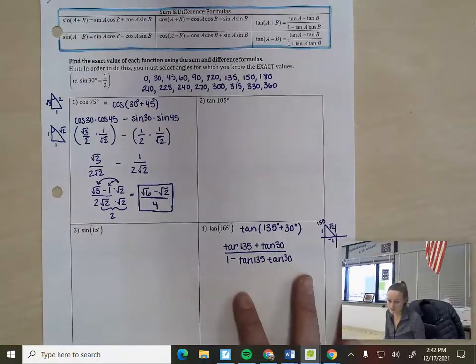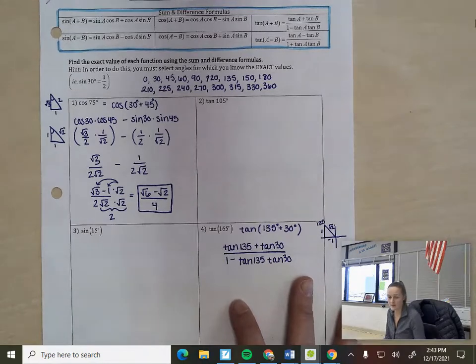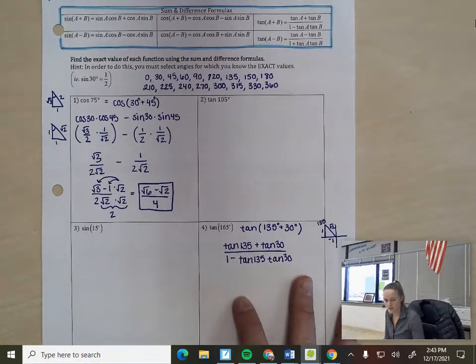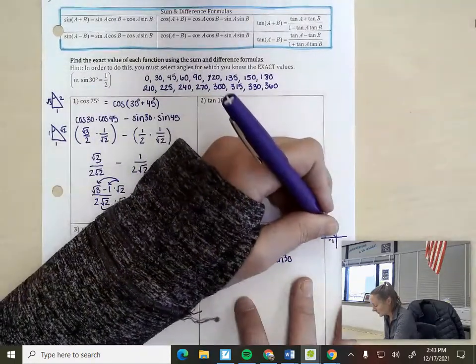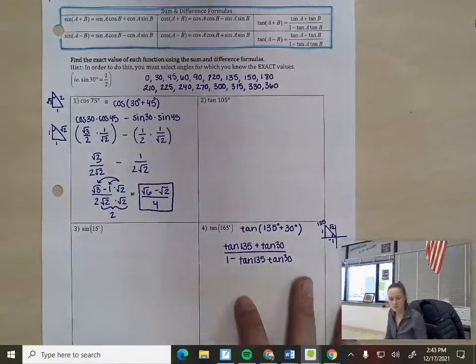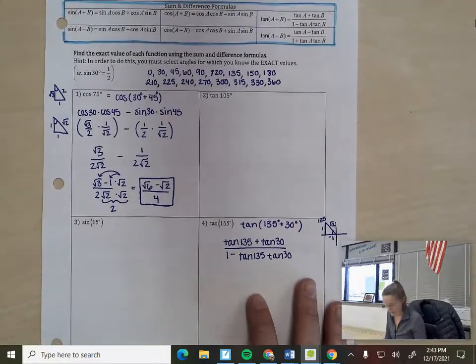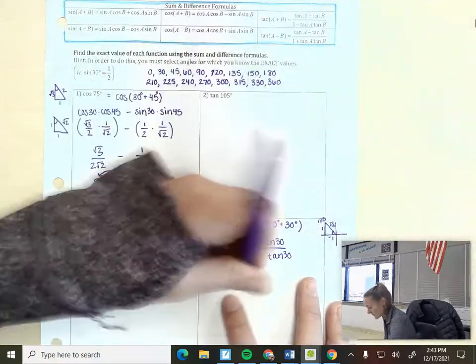The hypotenuse is always a positive value. It's the legs of the triangle that change into negatives depending on where it is. So this is negative, positive, with a 45-degree angle, which means root 2 for the triangle. So the tangent of 135 is going to be 1 over negative 1, so that would be negative 1.